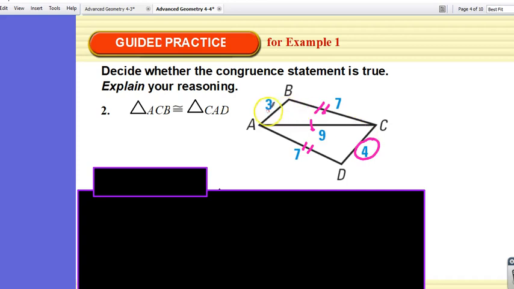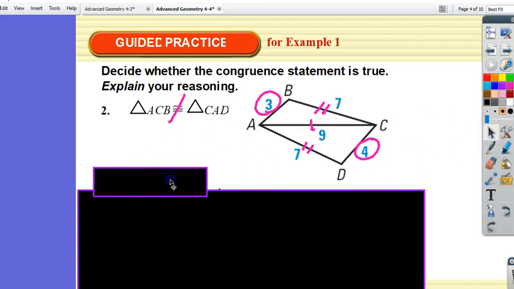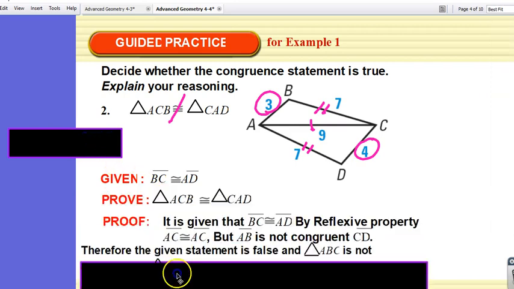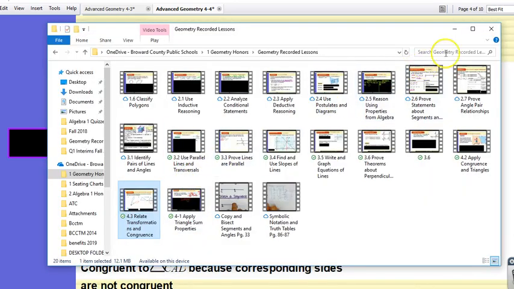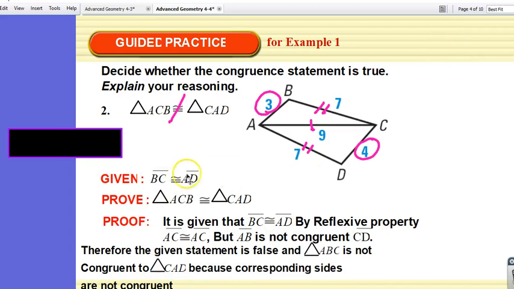These are not congruent. So unfortunately, no, these are not congruent because they don't have side, side, side. They just have 2 sides, not all 3. So that was what we were given. We were trying to prove that they're equal, but unfortunately, they're not. Okay?